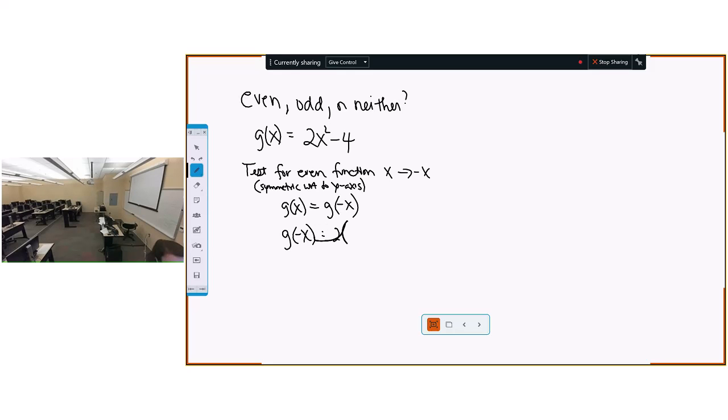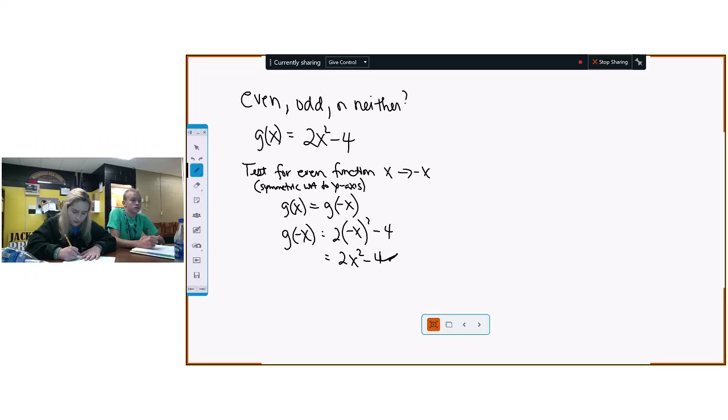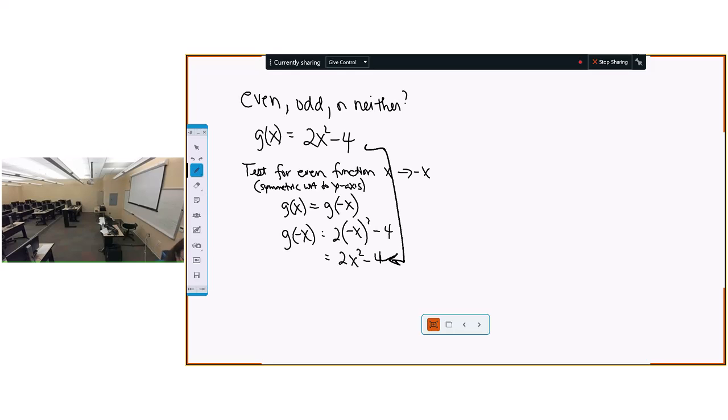It would equal 2 times negative x squared minus 4, which would be 2x squared minus 4. Since this equals what we started with, it's equivalent, then the function is even.